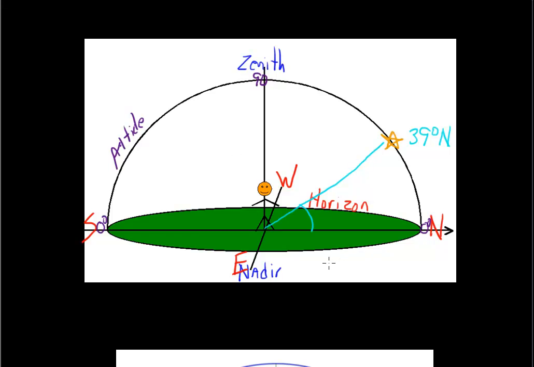This is called right ascension. And I'm sorry, that's not called right ascension. Right ascension is when we talk about the celestial sphere. This is called azimuth.